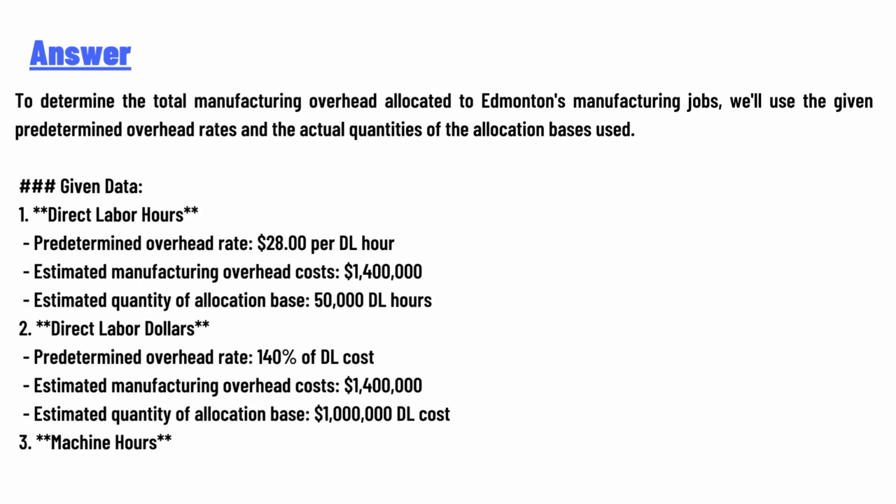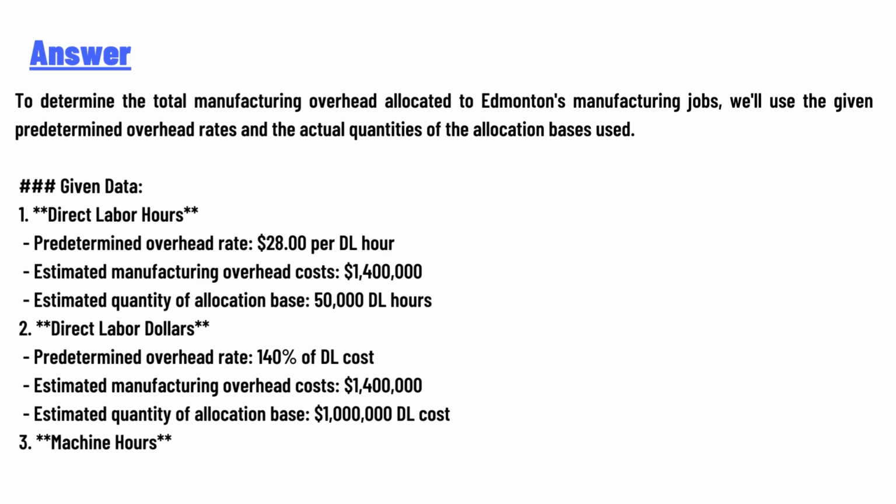And the answer of the question is to determine the total manufacturing overhead allocated to Edmonton's manufacturing jobs. We will use the given predetermined overhead rates and actual quantities of the allocation basis used. Given data: 1. Direct labor hours, predetermined overhead rate $28 per DLH, estimated manufacturing overhead costs 14 lakh, estimated quantity of allocation base 50,000 DLH. 2.